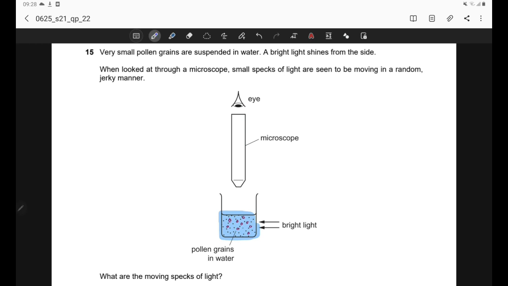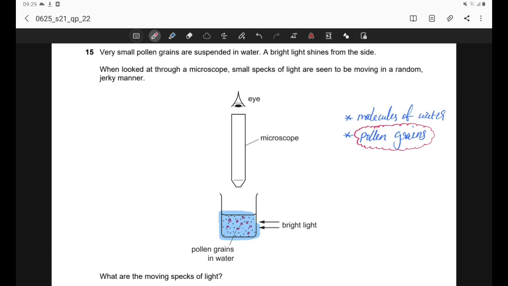So now this container consists of two types of particle. One is molecules of water and the second one is pollen grains, where the size of the pollen grain compared to the molecules of water is greater. So the pollen grains can be seen by microscope.